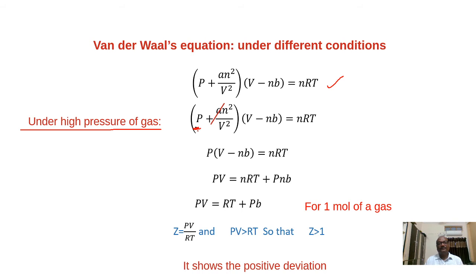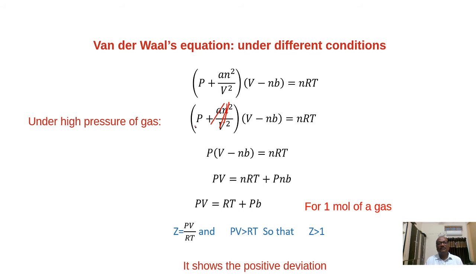Compared to this, the term an²/V², the correction factor, will be very small and can be neglected compared to P. Why? Because under high pressure the P value will be more.